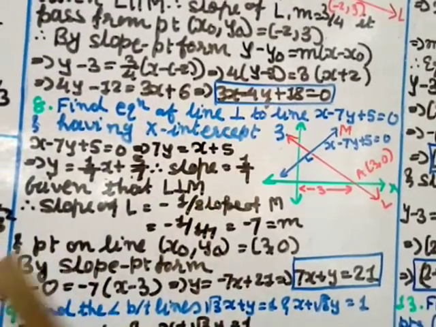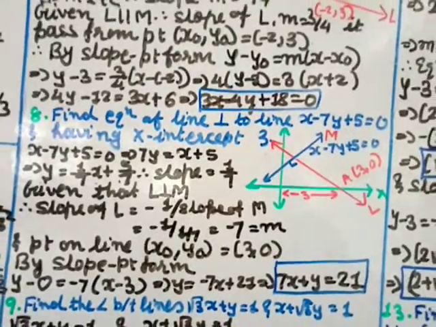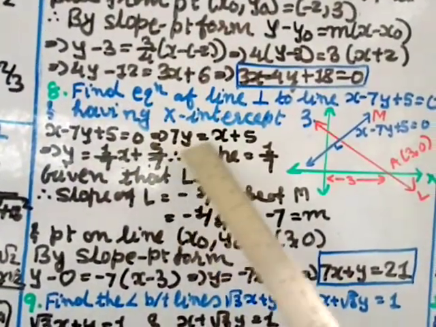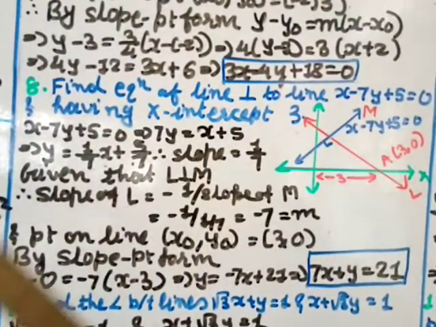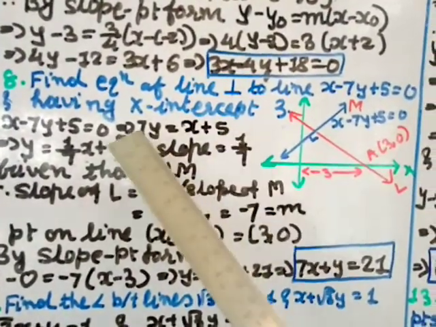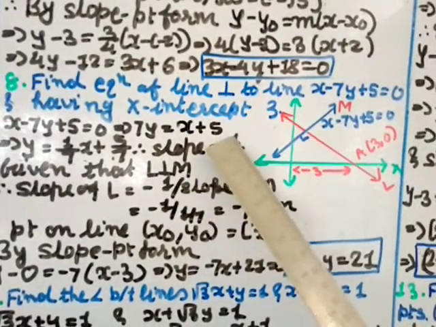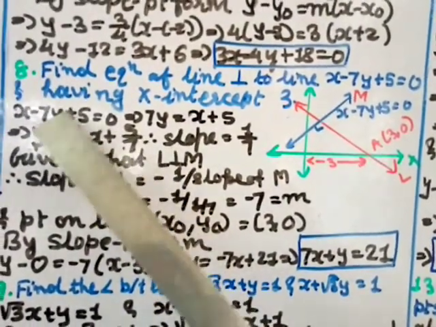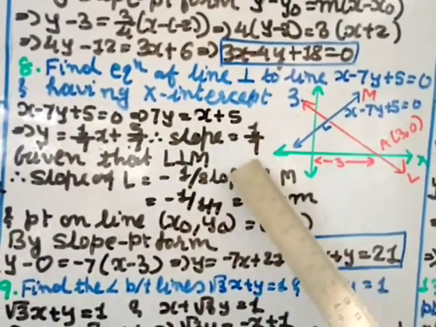I am converting into slope intercept form. Y coefficient should be 1, so divide each term by 7. So here y equal to 1 by 7 x plus 5 by 7. So this is the slope, so slope is 1 by 7.